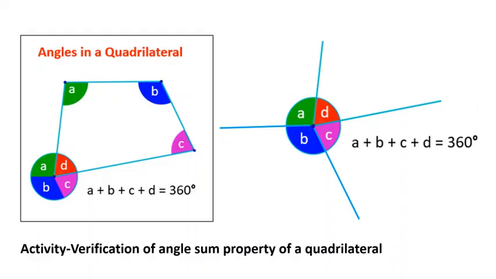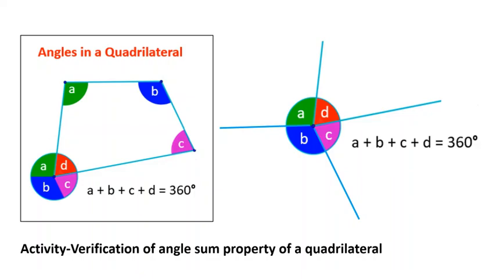So I want you to observe the quadrilateral alone. Inside there are four angles marked, right? A, B, C and D. Angle A is marked using green color, B is marked using blue color, C is marked using purple color, D is marked using red color.